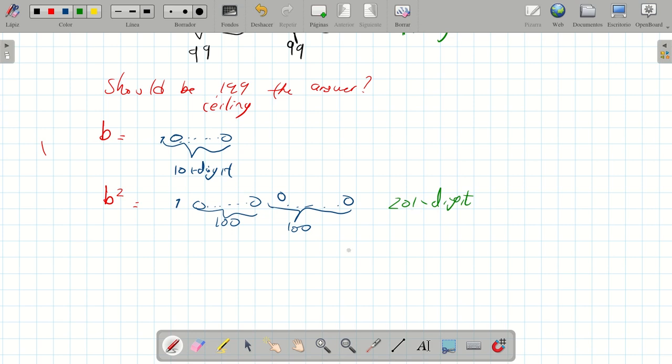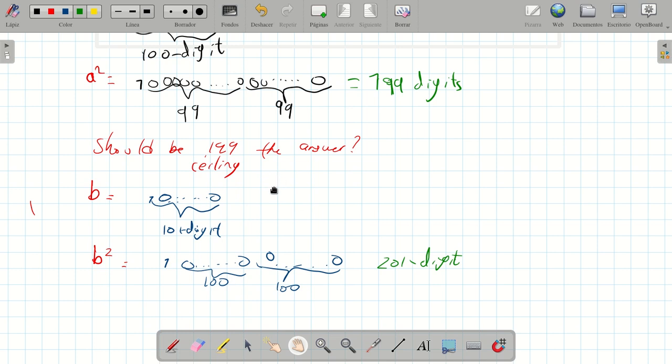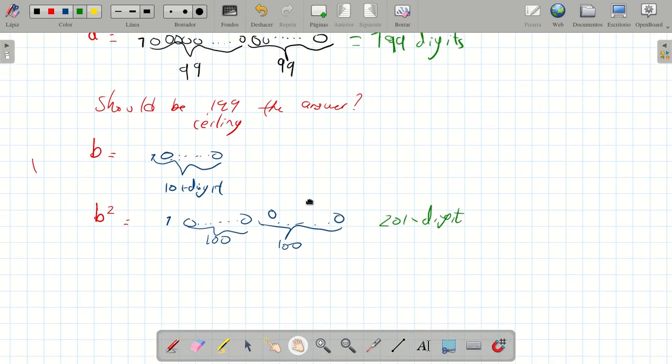Okay, right. So now we have a ceiling for the digits that our number could have.